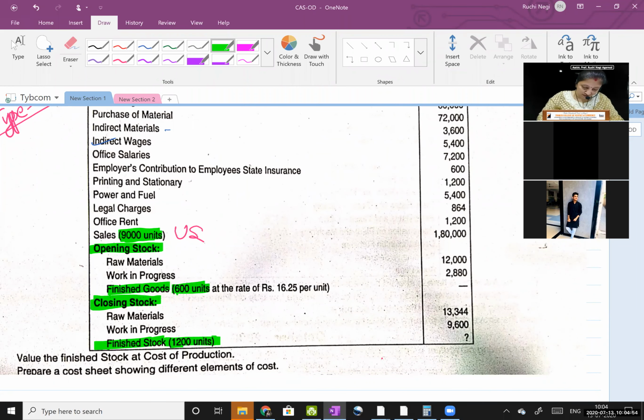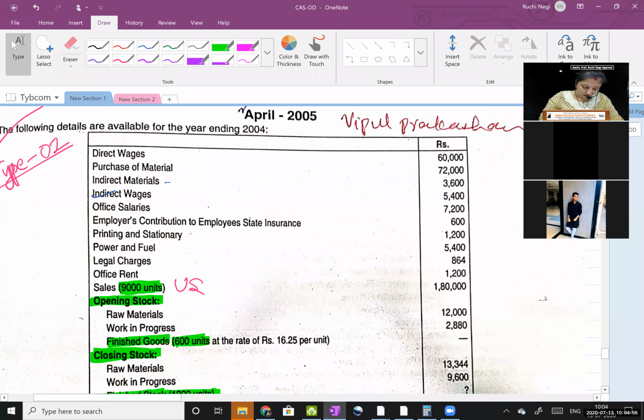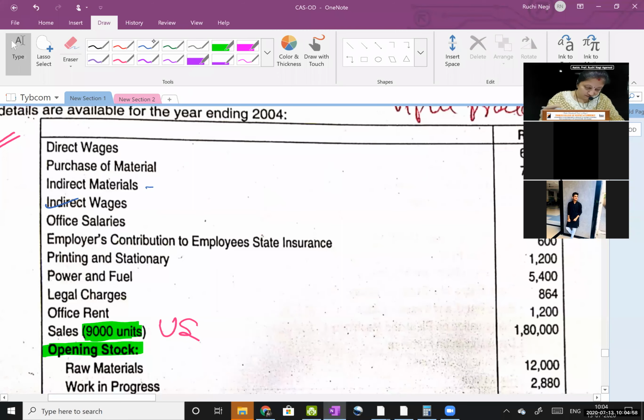Now let us identify the cost. Direct wages, it's the second item in direct cost. Then purchase of raw material, so add to the raw material formula. Indirect material is an indirect cost under factory overheads.